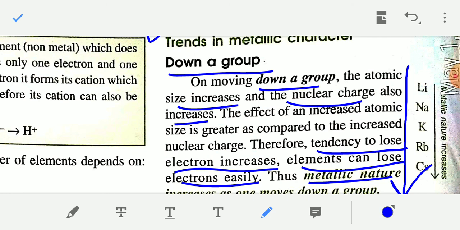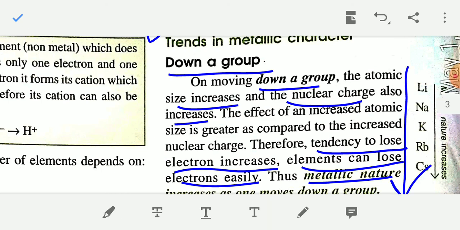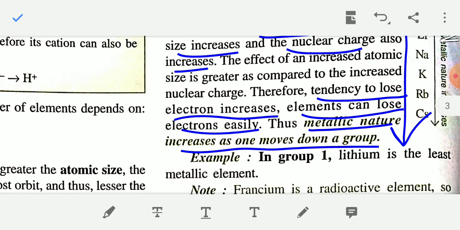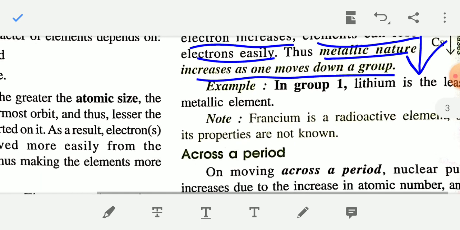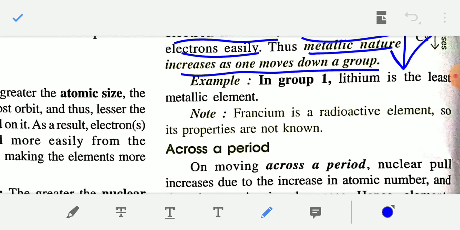So in group 1, lithium, sodium, potassium, rubidium and cesium, down the group size increases, and metallic character also increases. So cesium has the highest metallic character. In group 1, lithium is the least metallic element, and cesium is the most metallic element.